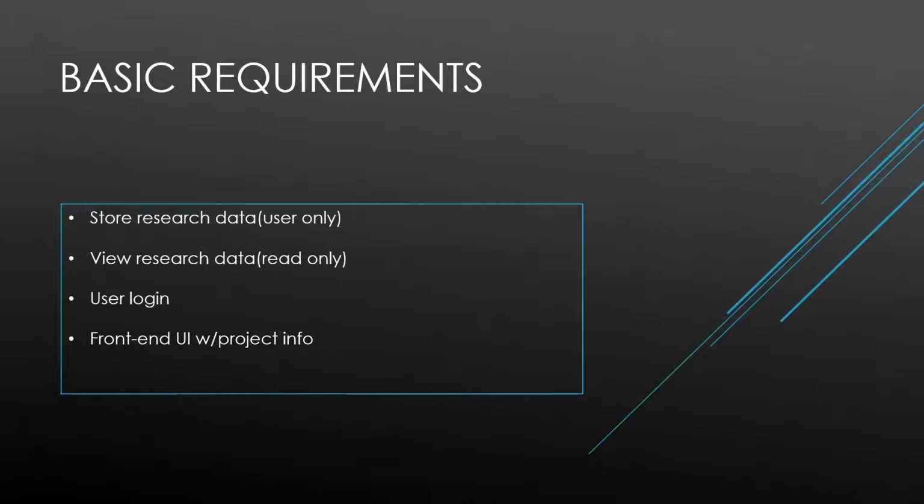Like I mentioned before, these are the basic requirements that we're going to need to come up with in our go at this project before other groups continue with it. The primary thing, for users with access, will be to store research data.